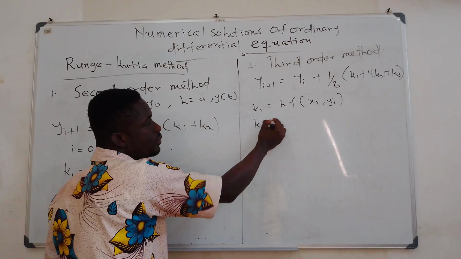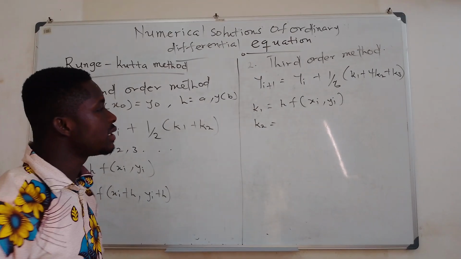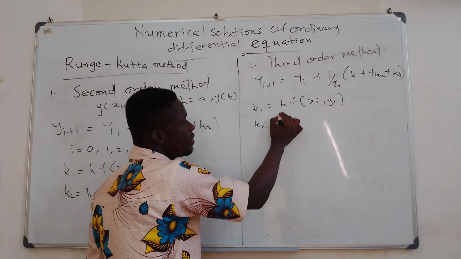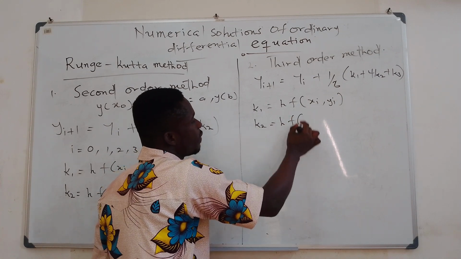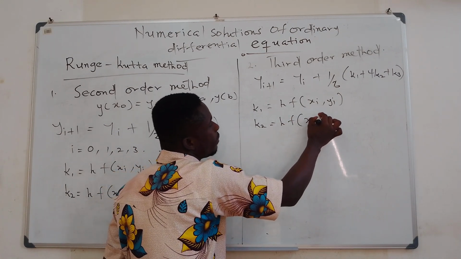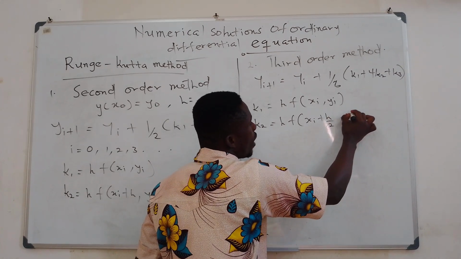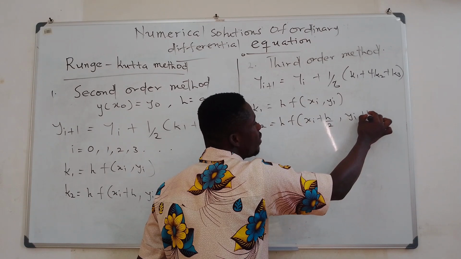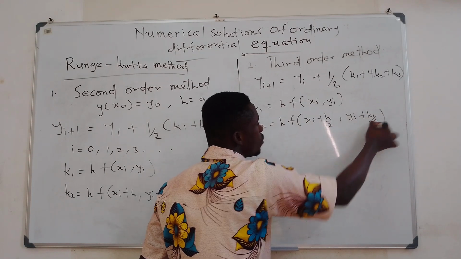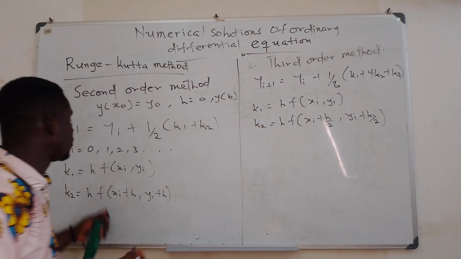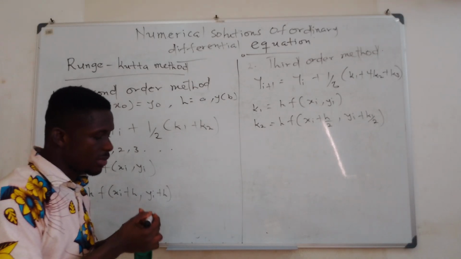For k2, we multiply h by f of xi plus h on 2, yi plus k1 on 2. So it's quite different from the second order method.